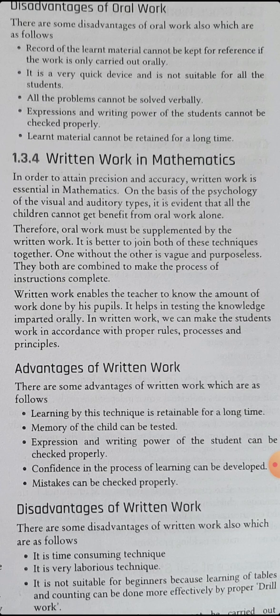Therefore, oral work must be supplemented by the written work. It is better to join both of the techniques together, and without the other is purposeless. They both are combined to make the process of instructions complete.